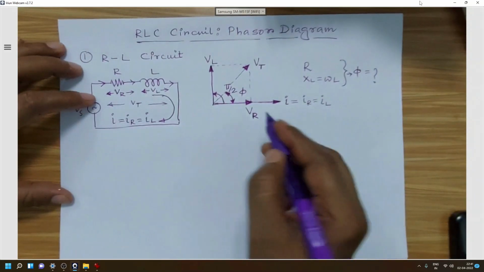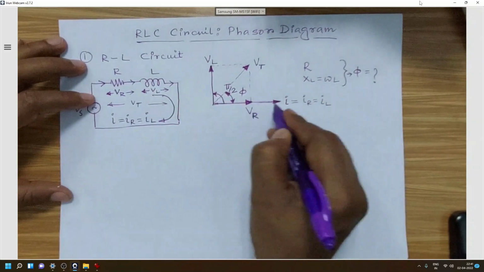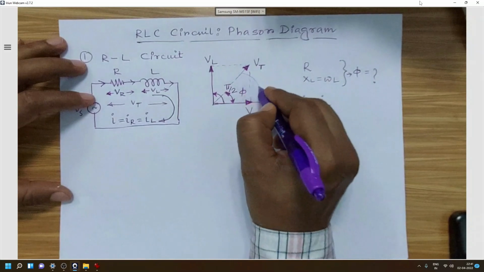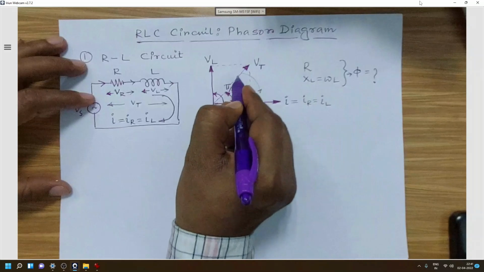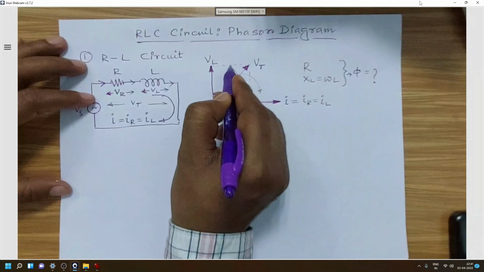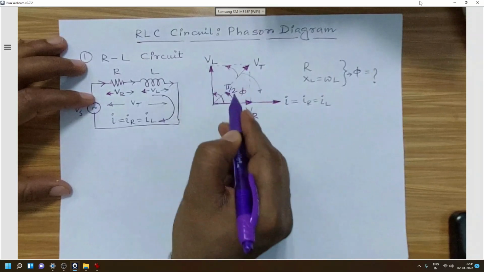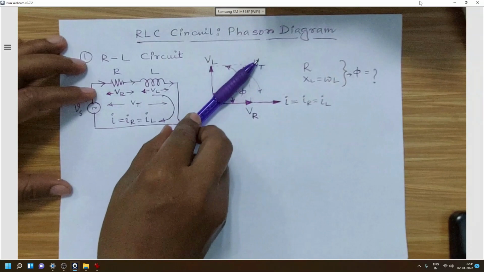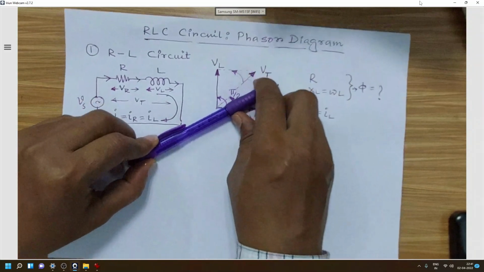So these two parameters will tell how much phi will be. Here we have to understand that if the resistor is very big, then the resistor will try to bring that phasor in this direction, and if the inductor is big or the frequency is big, that is if omega is big, then this inductive component will try to bring that phasor in this direction. Accordingly the phasor will be shifted in either direction.